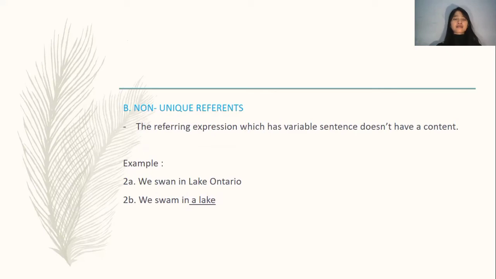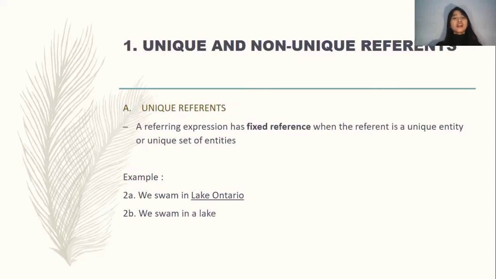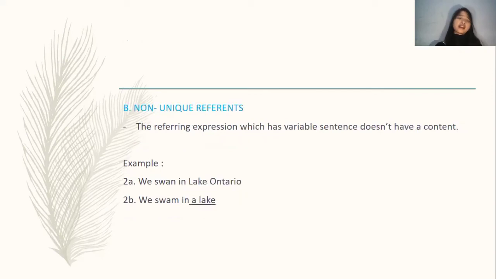Unique reference is a fixed reference. Non-unique reference is a referring expression which has a variable reference.